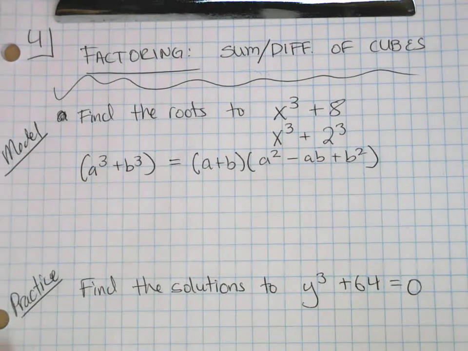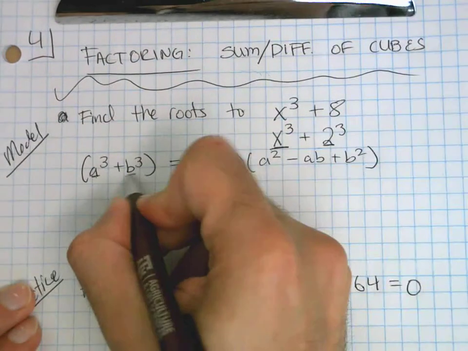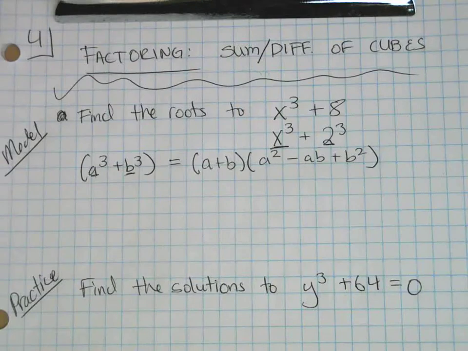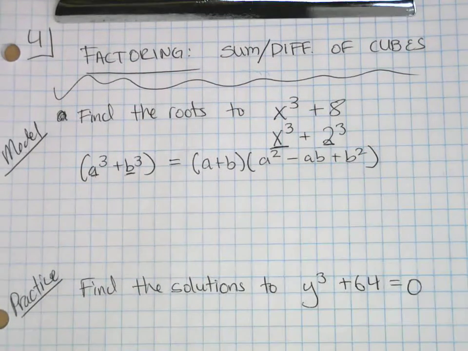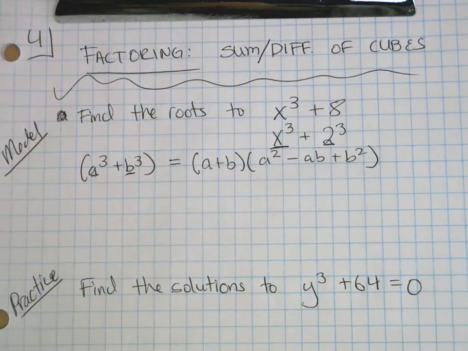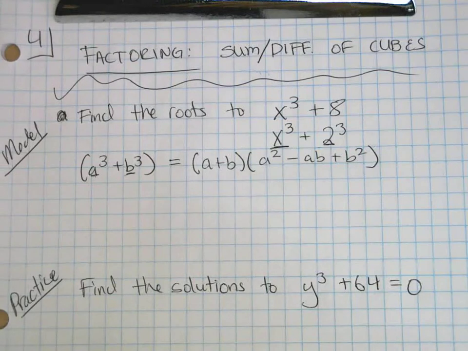I'm pretending that x is a and 2 is b, and that's how I use this formula. Take note of that and write this formula in your summary column so that you understand that this is a key formula for you to know. Now let's practice plugging it in, but only after you've actually written it down. So pause until you've written it down.